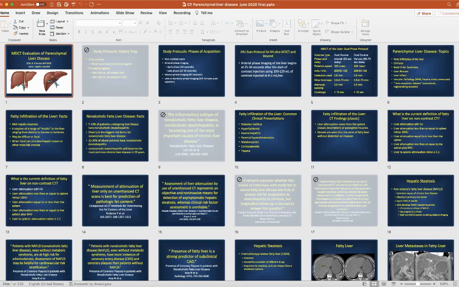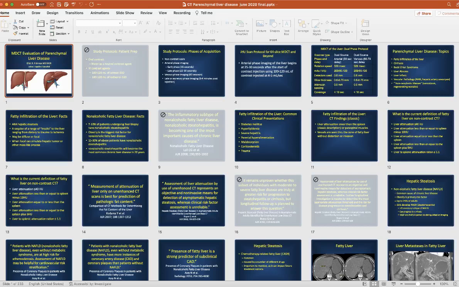Now, when you talk about parenchymal liver disease, we talk about CT and MR. CT is probably more commonly used, at least for the initial evaluation. Often you'll pick up parenchymal disease where it's not known to be present, so it becomes very important to be able to recognize it.